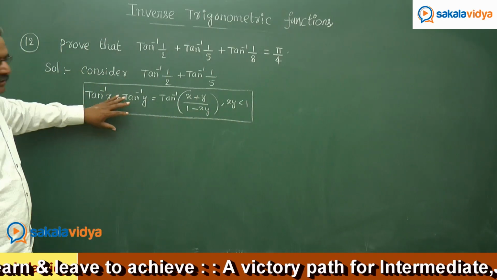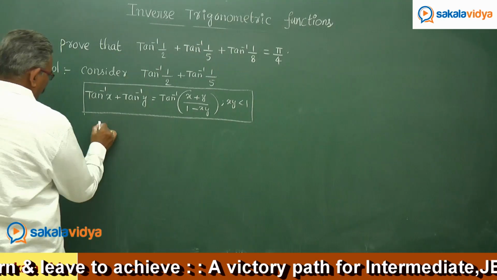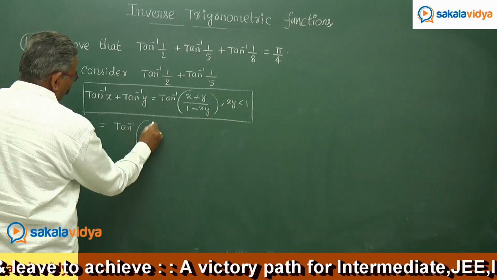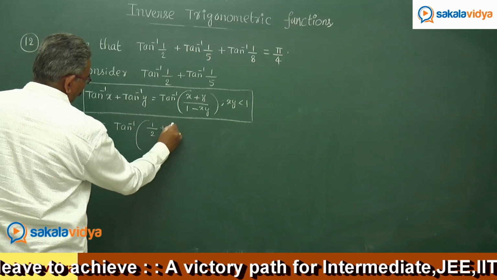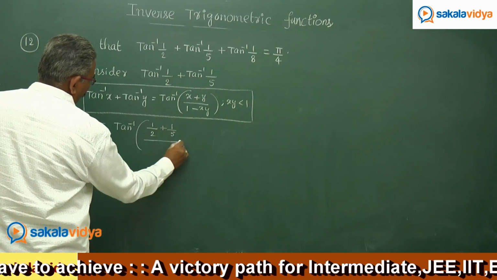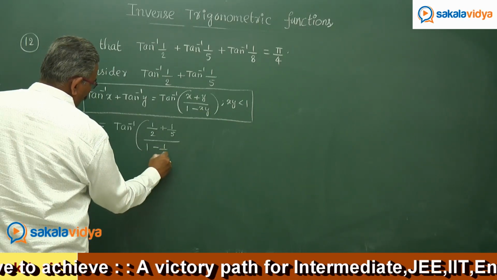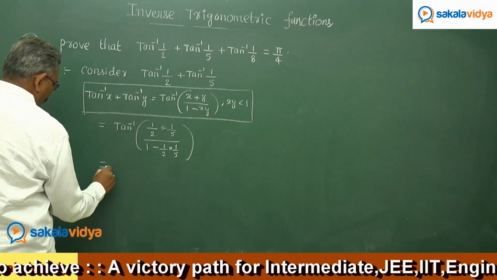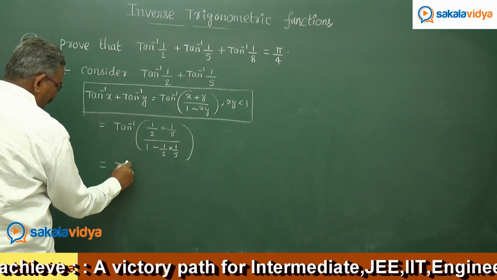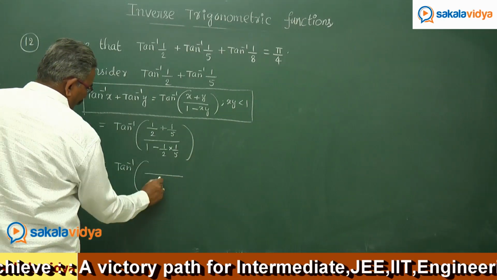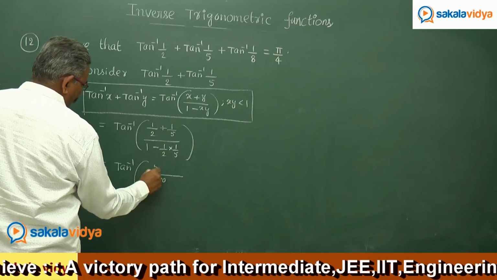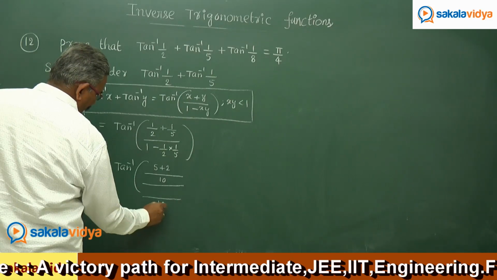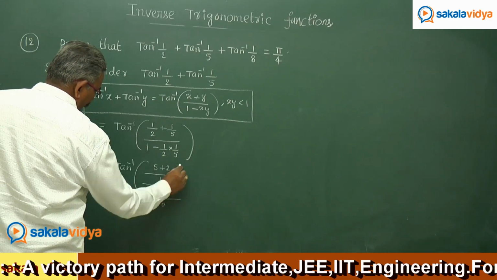Using this formula, this can be written as tan inverse 1 by 2 plus 1 by 5 by 1 minus 1 by 2 into 1 by 5. Now this equal to tan inverse 10 is the LCM, 5 plus 2, and 10 is the LCM, 10 minus 1.